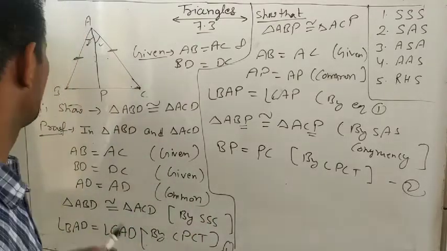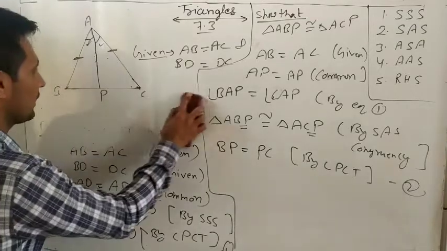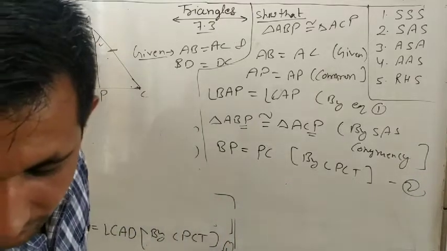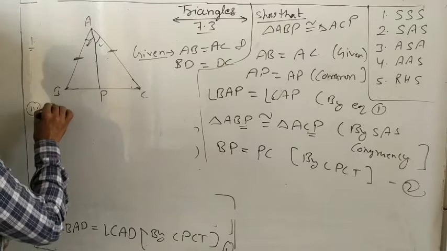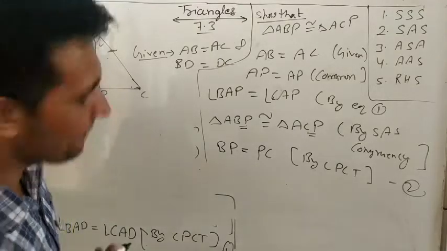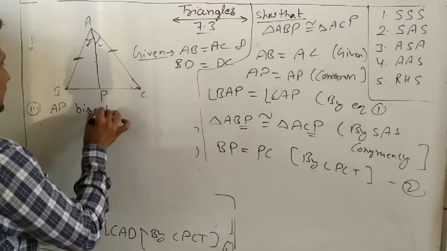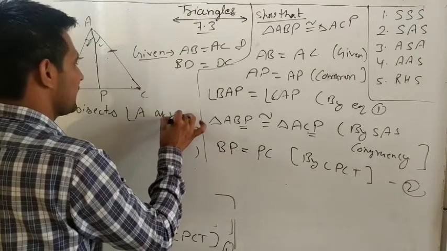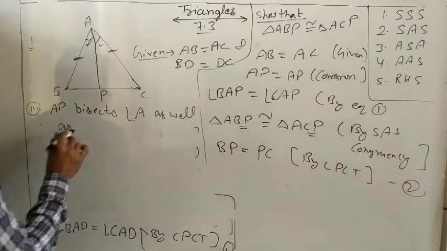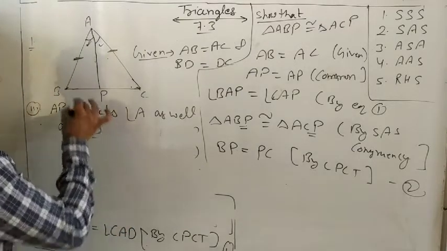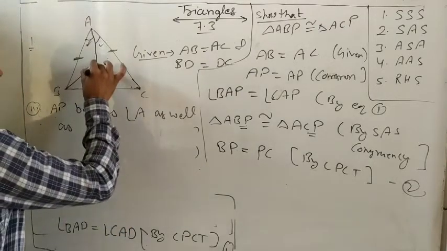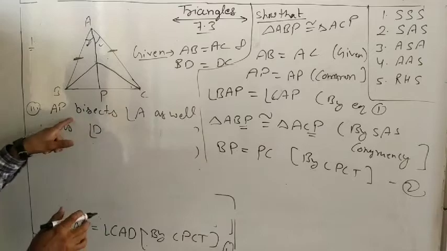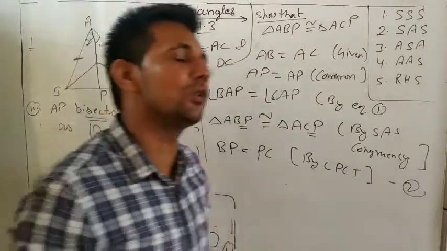Now the third part. AP bisects angle A as well as angle D. We want to prove that this AP line bisects. AP bisects means it divides into two equal parts.